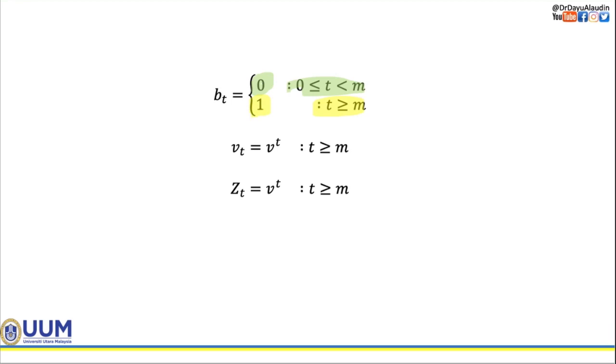So Vt is equal to V to the power of T, which is e to the negative delta T, for T greater than or equal to M, and Zt is Vt times Bt. Bt is 1. So we get Vt for T greater than or equal to M.